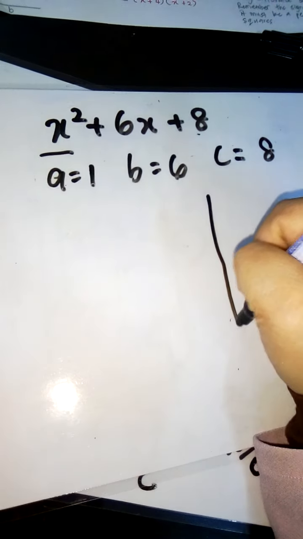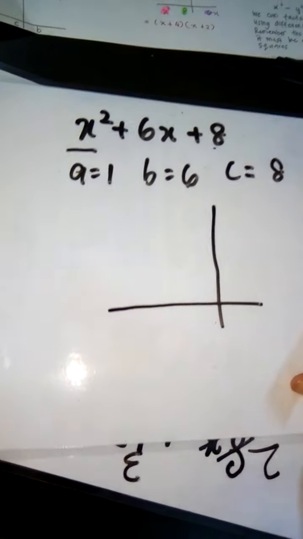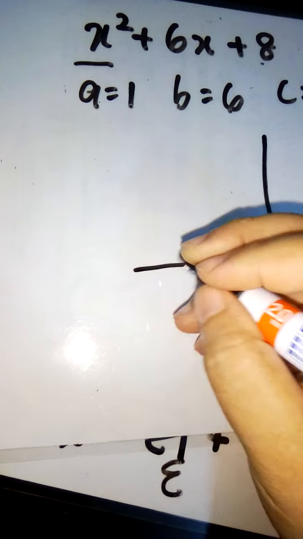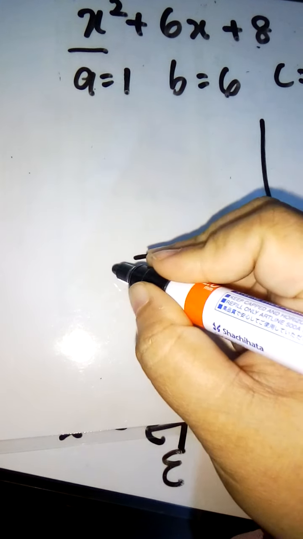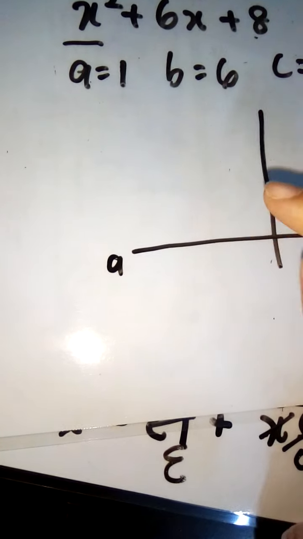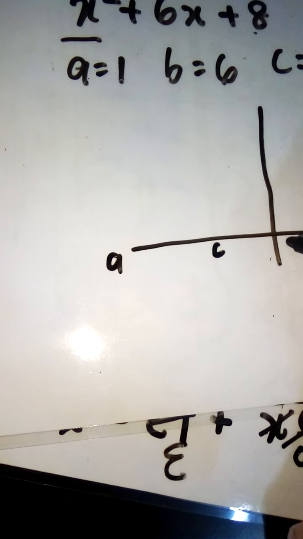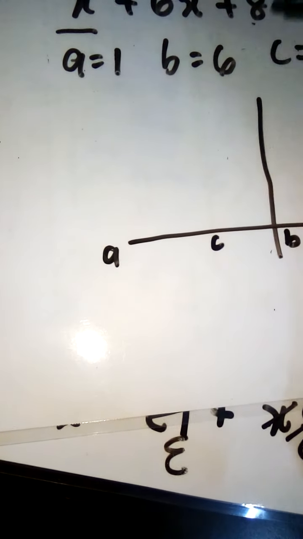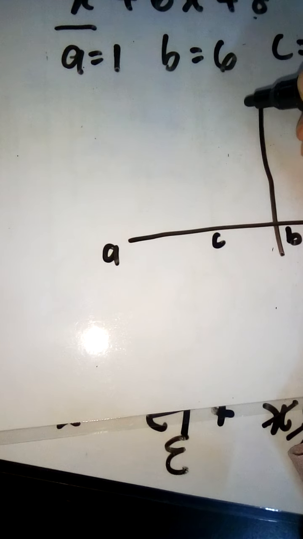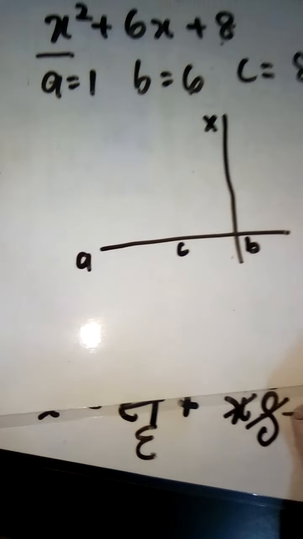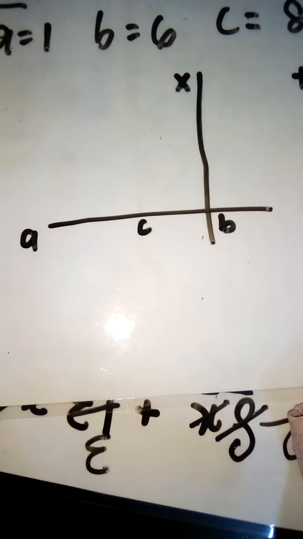So you do a frame like this. Here it must be a, here it must be c, and here it must be b. Those here must be multiplied and those here must be added.